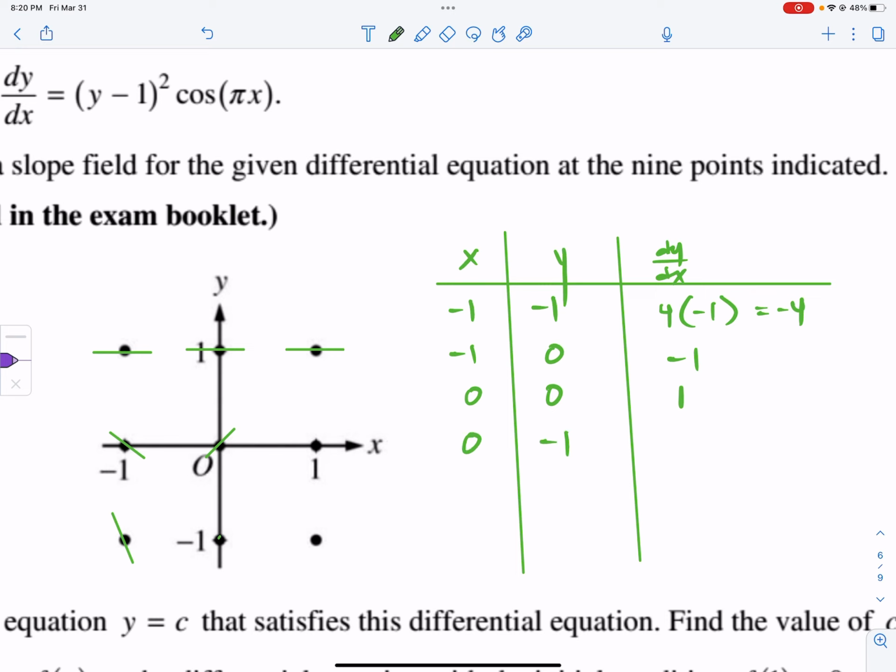So that'll be 4 times 1, which is 4. Okay, make sure that looks more steep than the slope of 1. And then at 1, 0, that would be 1 times cosine of pi, so -1.